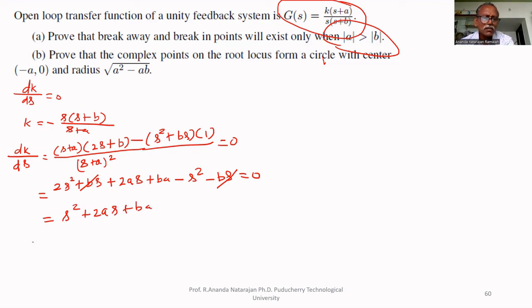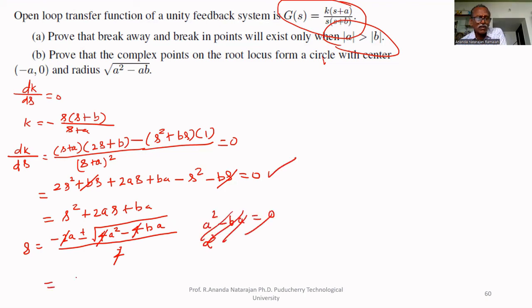The roots are S equal to minus 2A plus or minus square root of 4A square minus 4BA upon 2.